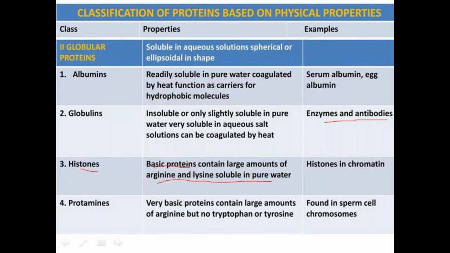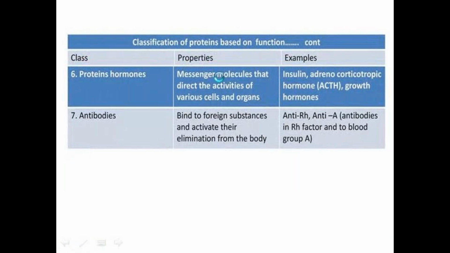Next, protamines. Protamines are also basic proteins that contain large amounts of arginine, but not tryptophan or tyrosine. These are mainly found in sperm chromosomes.